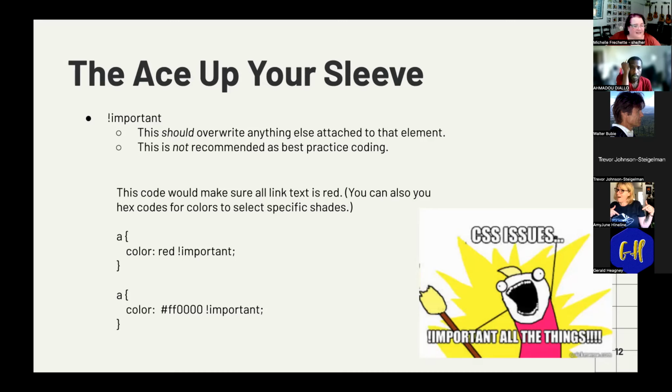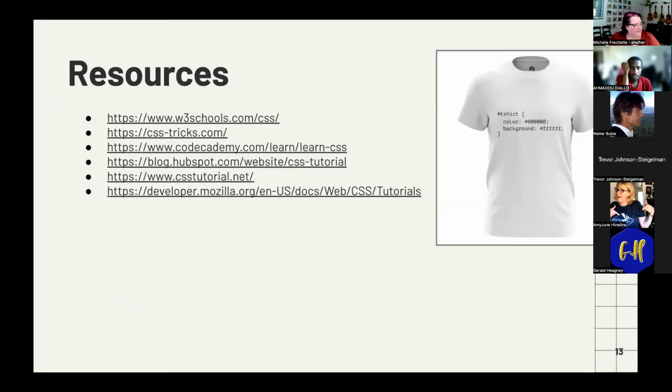You could say red, and then next to it, you'd put exclamation point important, and then your semicolon, and then your right curly brace. You can use colors. You can say any color off of the main spectrum, or if you want to go specific shades, you can use hex codes instead. It makes it a little bit easier.